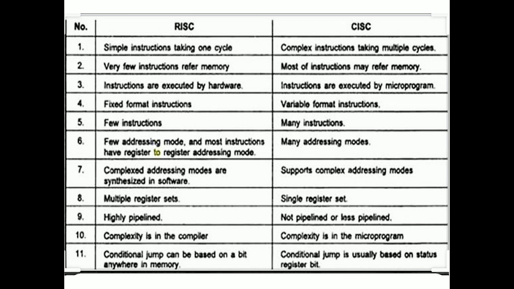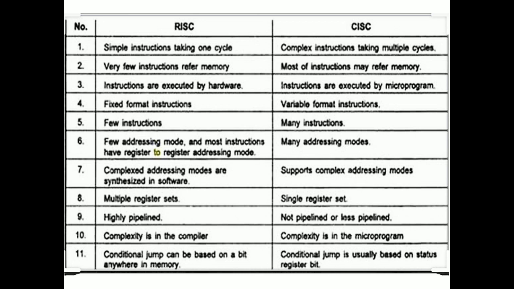So the next processor, CISC processor, as I've already told you, its control unit uses the software approach, that is the microprogramming. The other features of CISC, that means complex instruction set computer, are it is designed to minimize the number of instructions per program, ignoring the number of cycles per instruction.